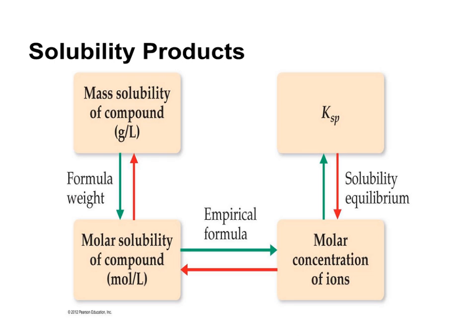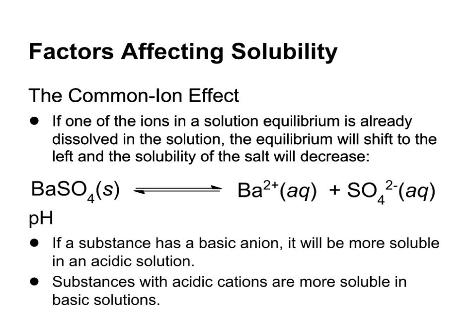That can be converted to KSP by using the formula weight or molar mass of the substance to end up with the molarity of that substance, and then using the molarity in the formula to find the molar concentration of all the different ions. Then we can determine KSP from that. But we need to know that KSP, the solubility product constant, is not the same thing as solubility. There are some factors that affect solubility and KSP. We just need to remember that they're different values.